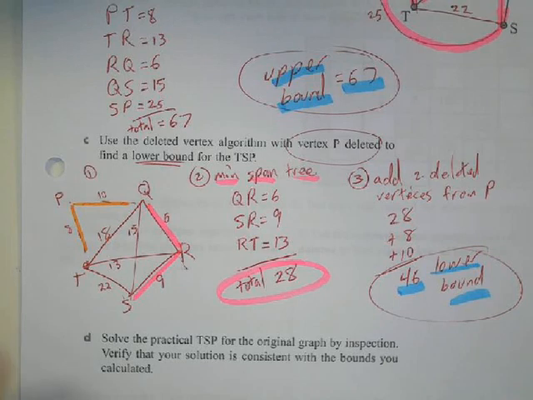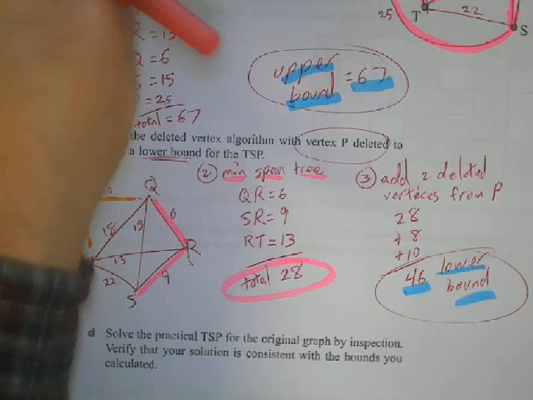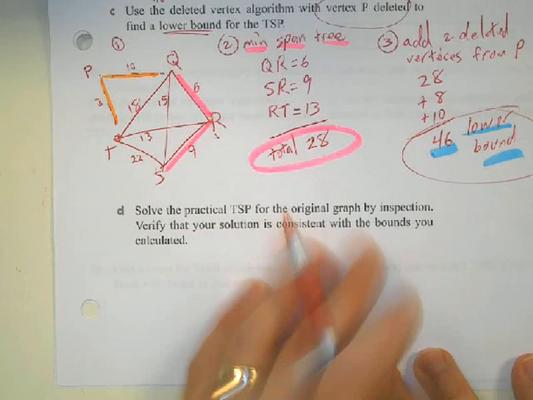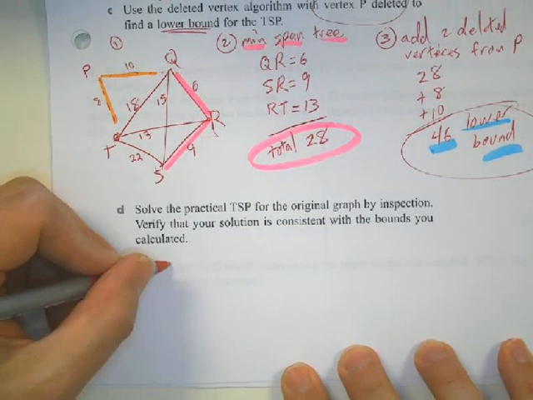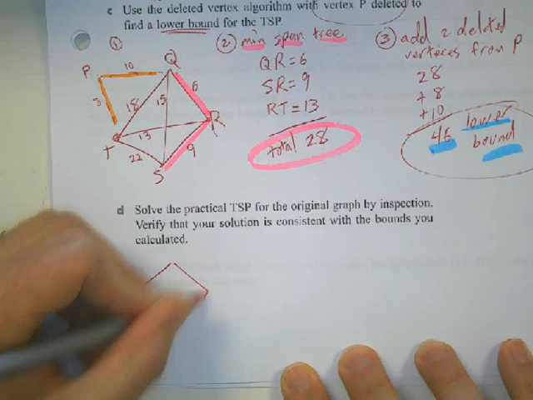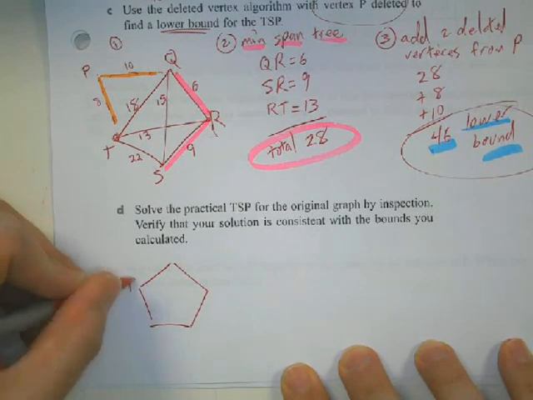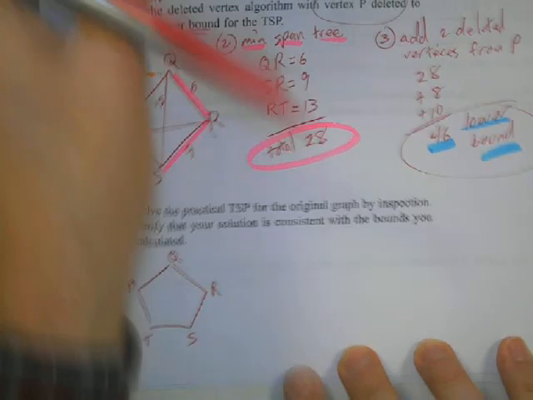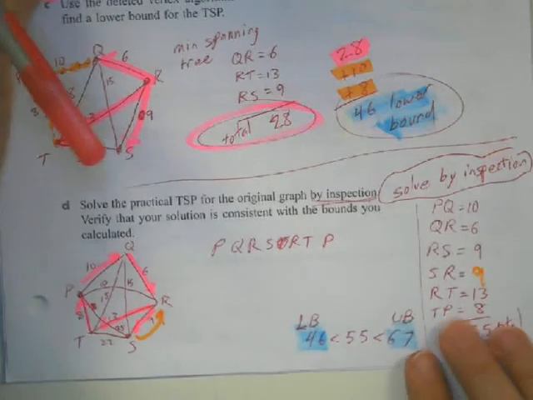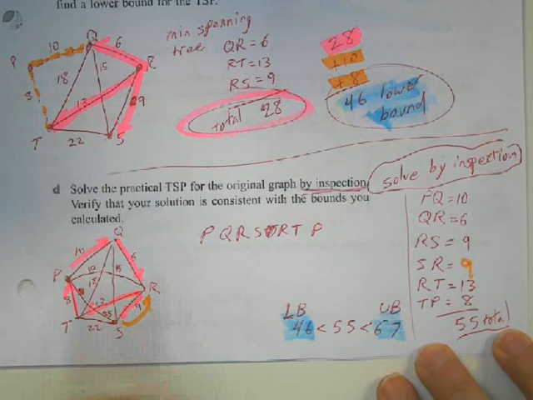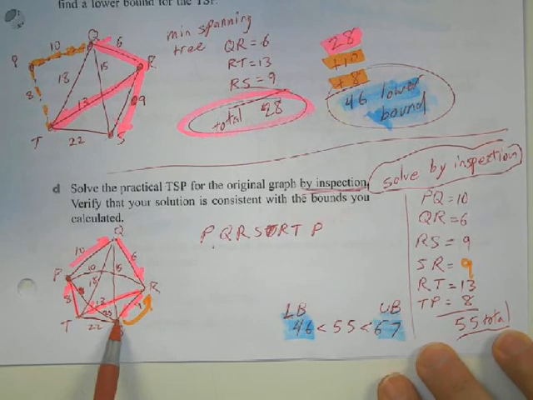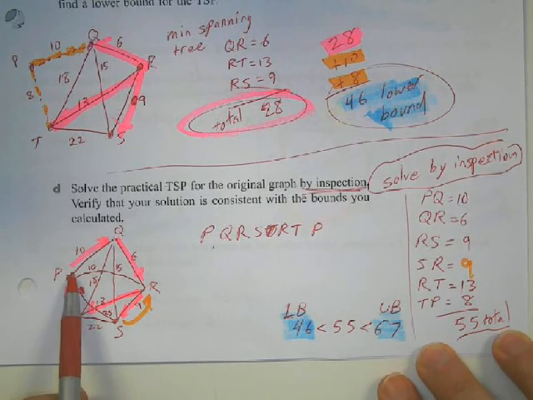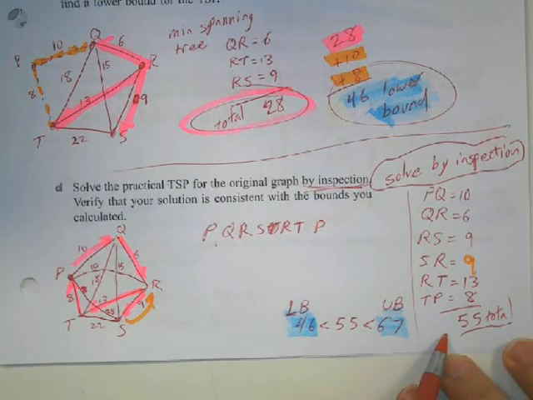So it says solve this by inspection, and if we inspected correctly, we end up with going from P to Q to R to S, back to R to T and to P, and that adds up to 55.